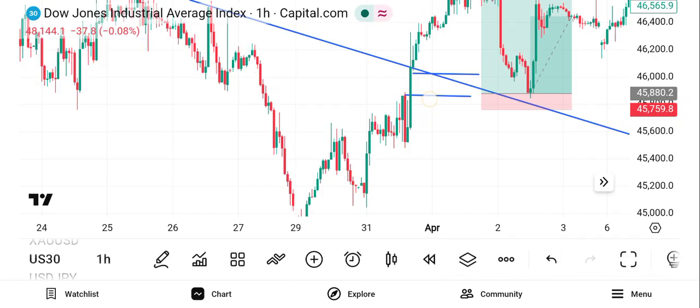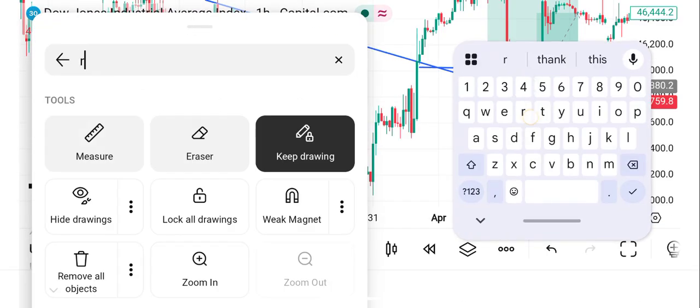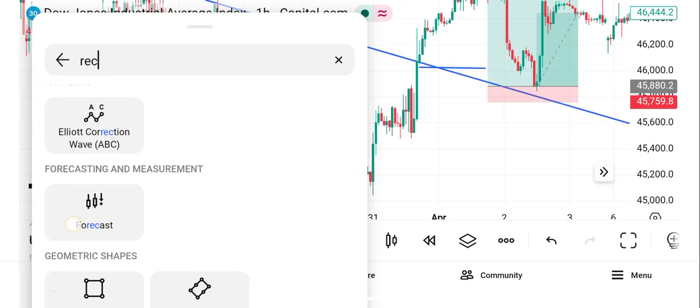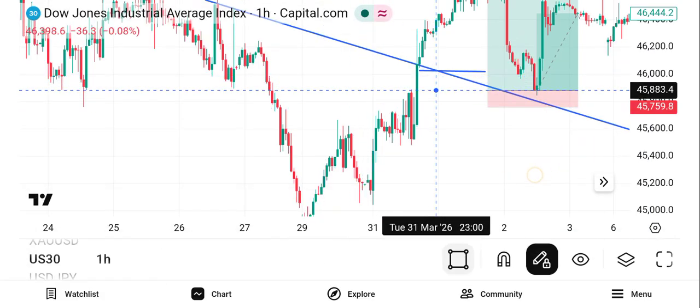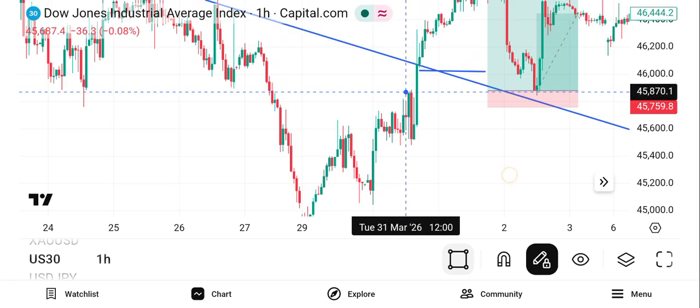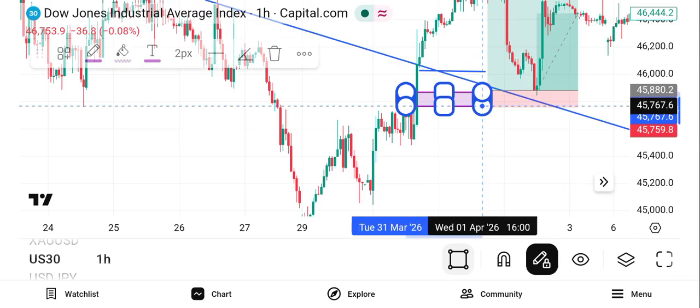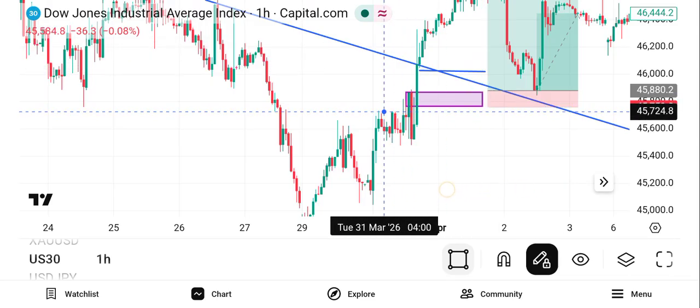Now let's mark out the POIs that we have. Now this is the first POI. This is the second POI.